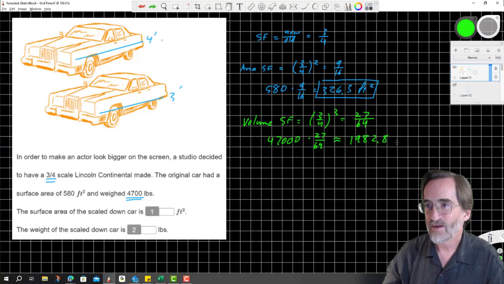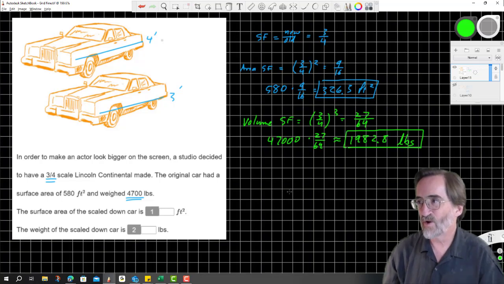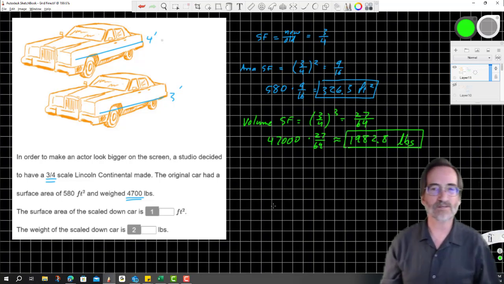This isn't volume, this is weight. Pounds. So this smaller car is going to weigh less than a ton, a ton being 2,000 pounds.